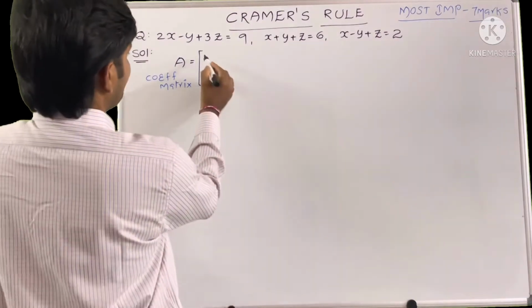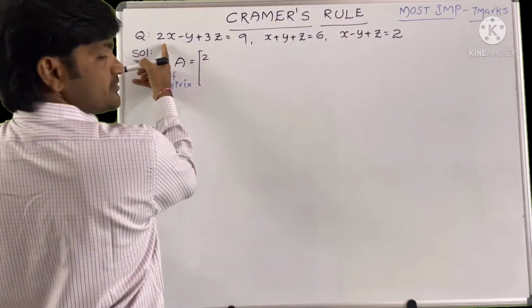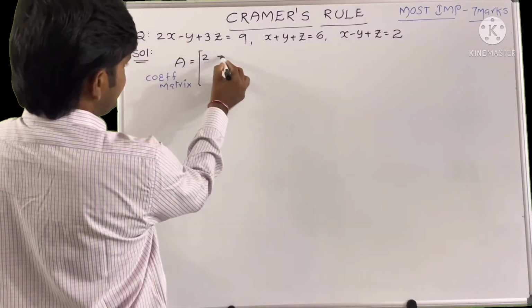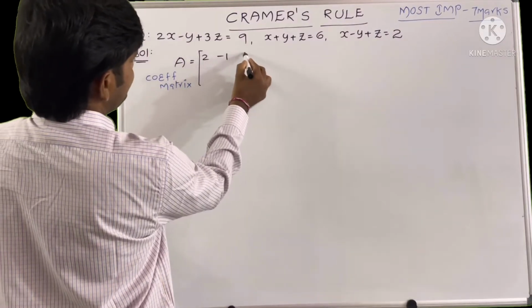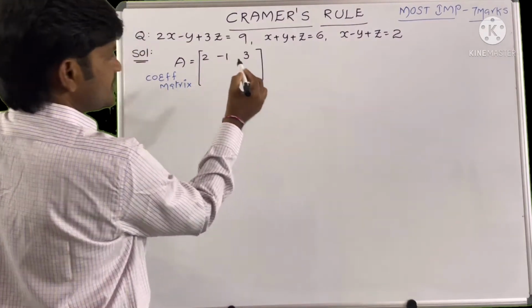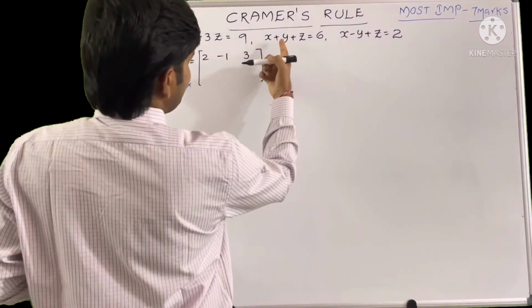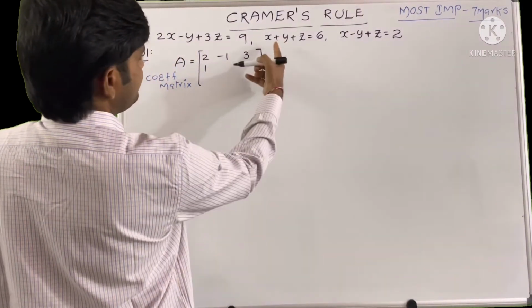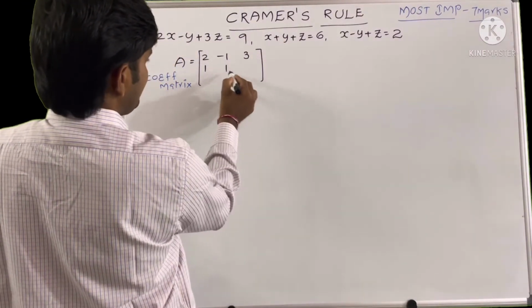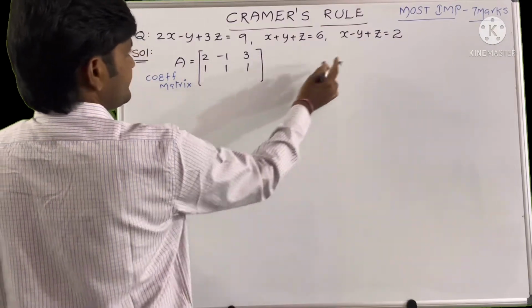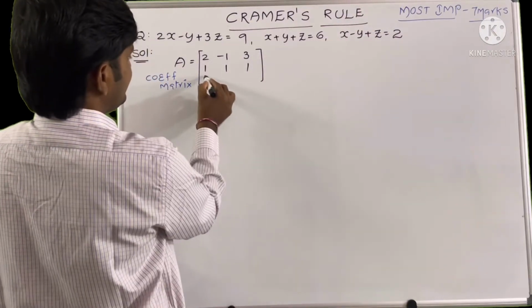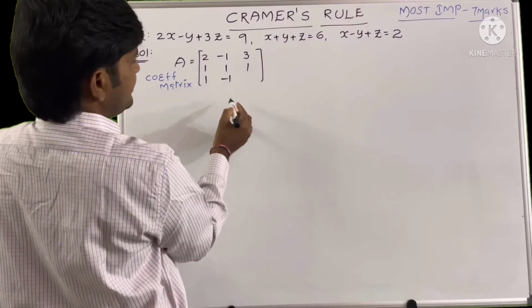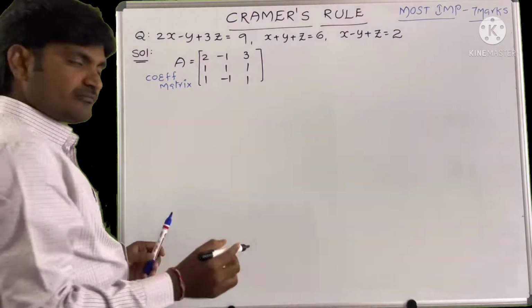Just we write here 2. X coefficient is 2 and y coefficient is -1, z coefficient is 3. Similarly, from this equation, x coefficient 1, y coefficient 1 and z coefficient 1. Similarly, from this equation, x 1, y -1, z 1.